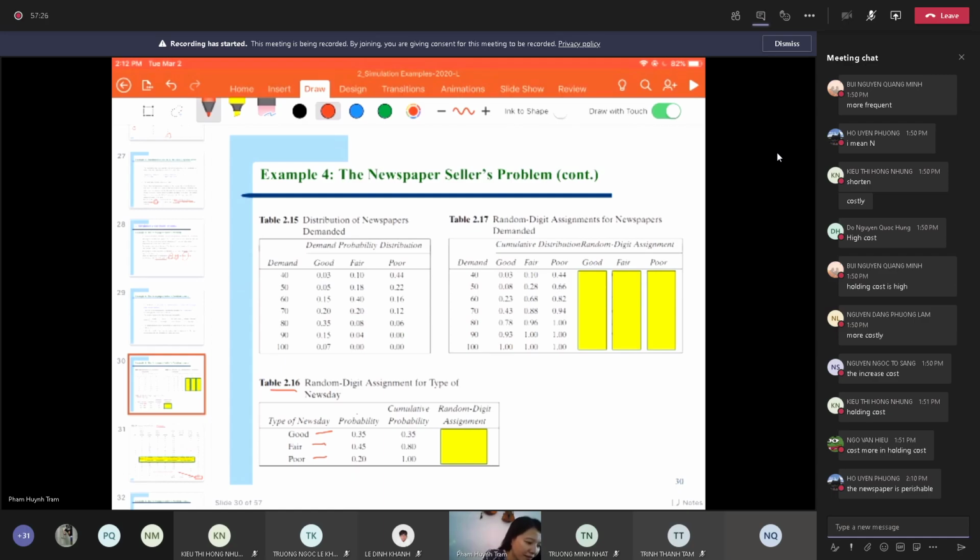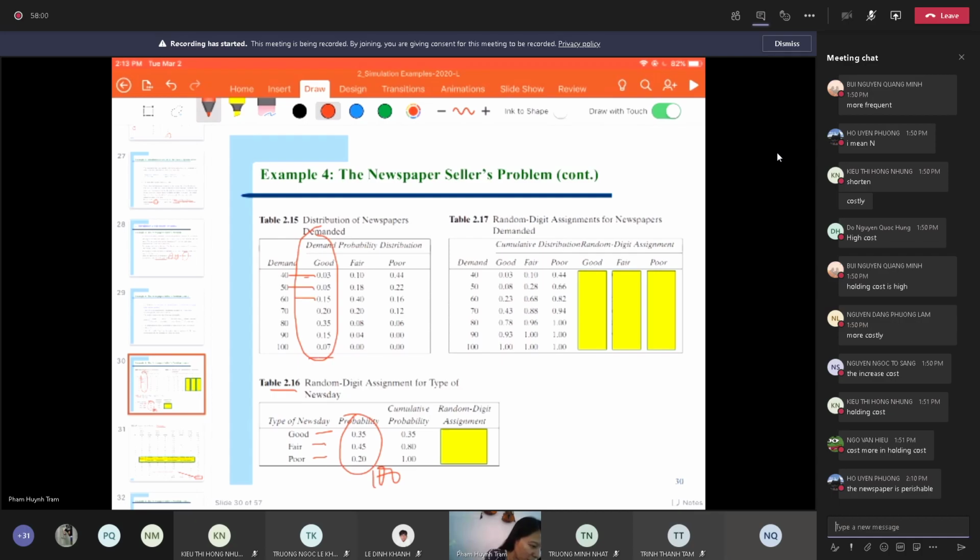Now, let's say this is a good day, we look at the demand on a good day. If it is a good day, the demand also varies. It's not constant. We find that 3% that we can sell 40 papers, 5% that we sell 50 papers, 15% we can sell 60 papers, and so on.